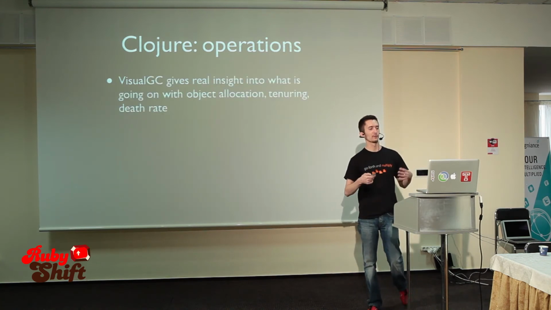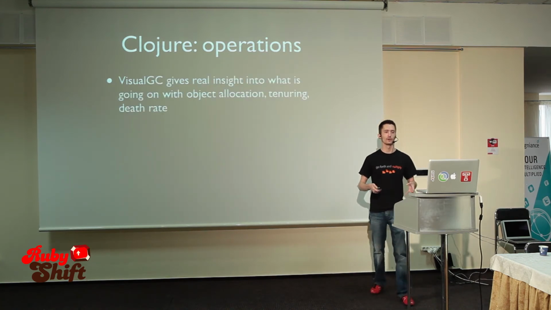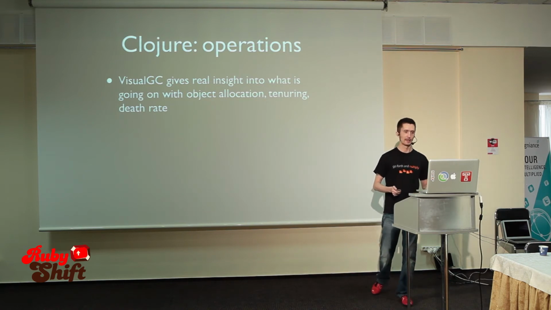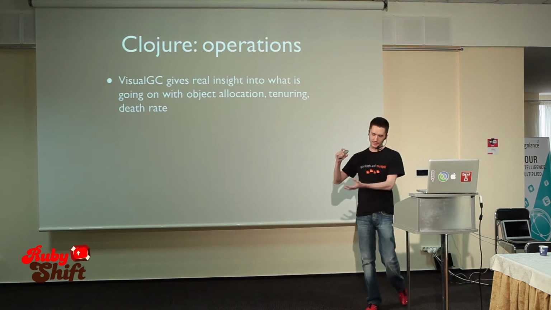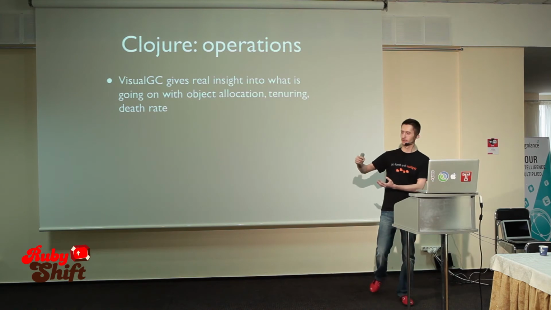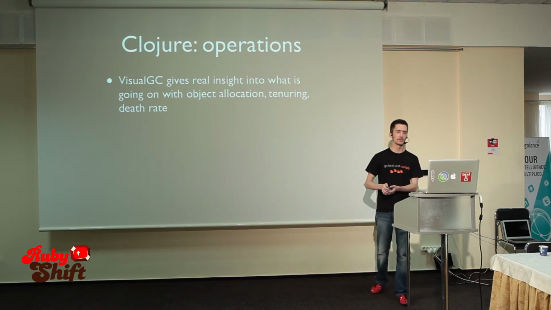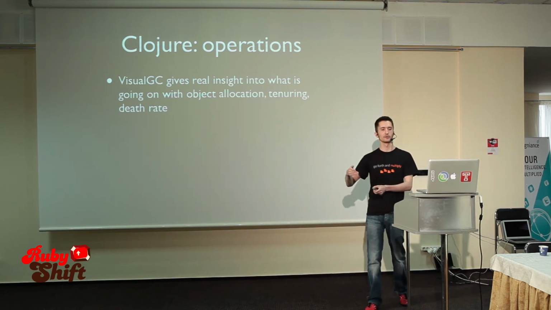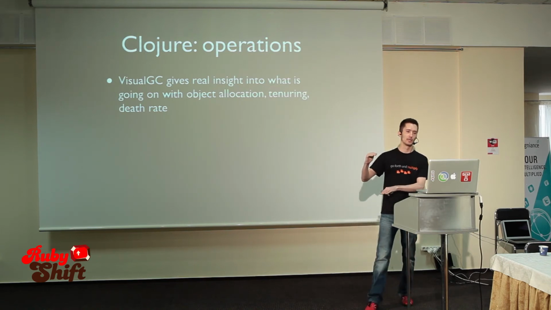There is something called Visual GC, which is a plugin for Visual VM. It shows you in real time, or however often you want it to update, an insight into your garbage collection process: what the sizes of each generation are and how they change over time, because this is what matters for tuning, and what the object death rate is and all that kind of stuff.